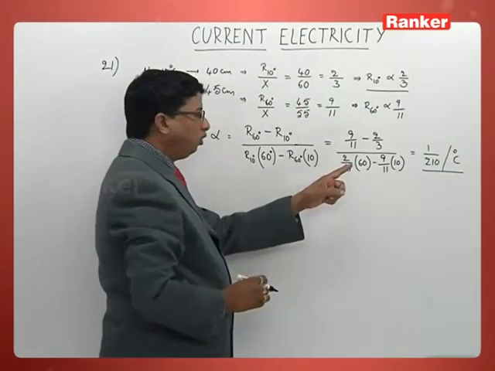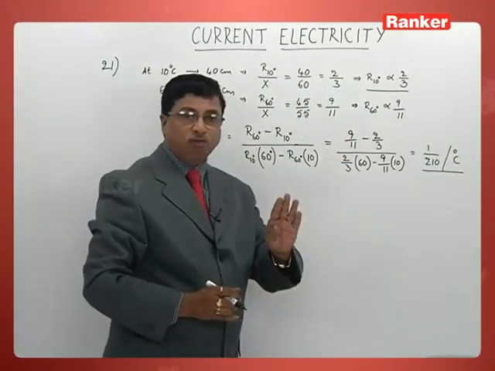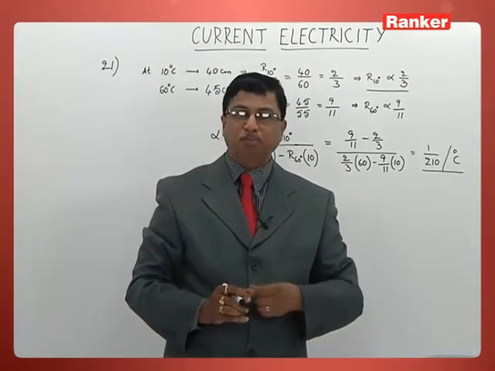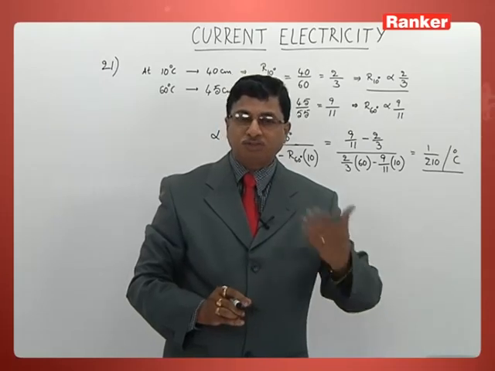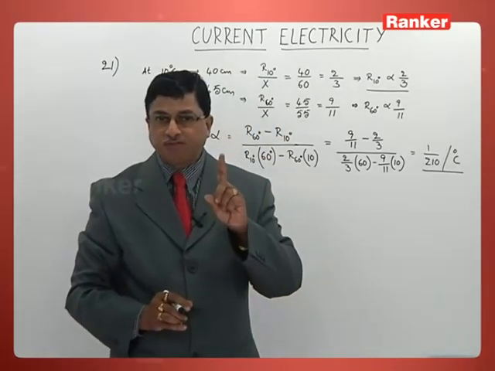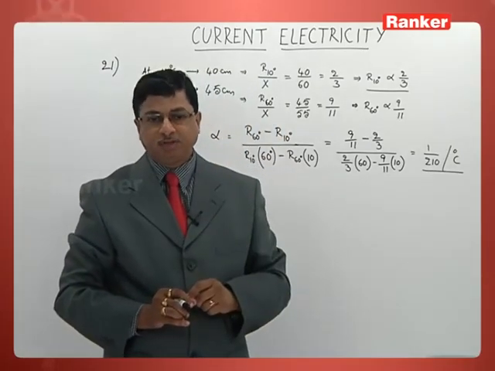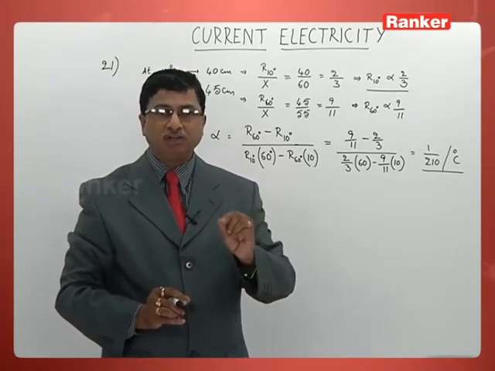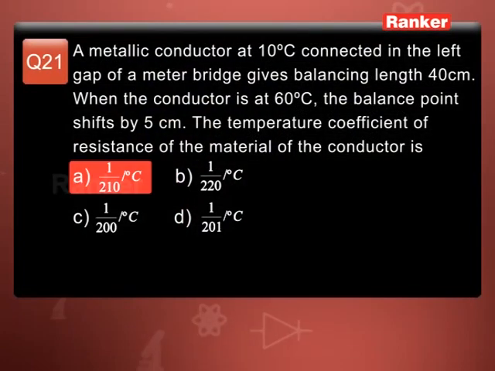So 1 by 210, out of all the 4 options provided in the problem, coincides with the very first option, 1 by 210 per degree centigrade. The correct answer is A itself.